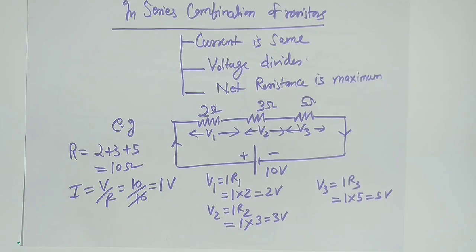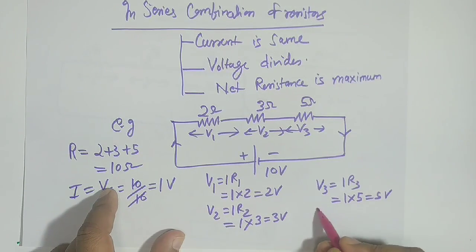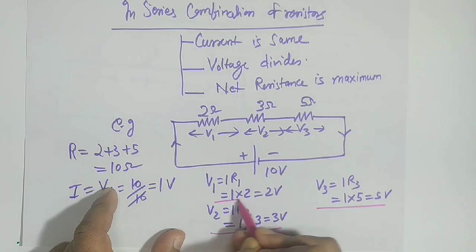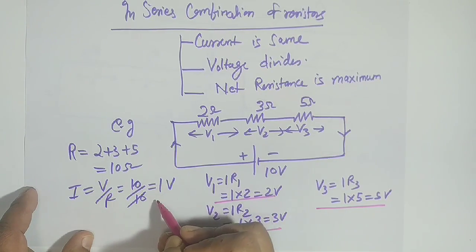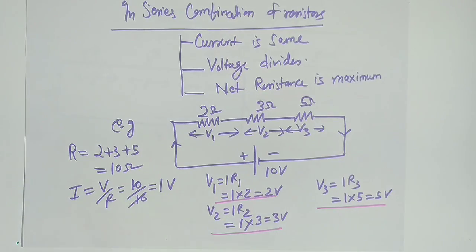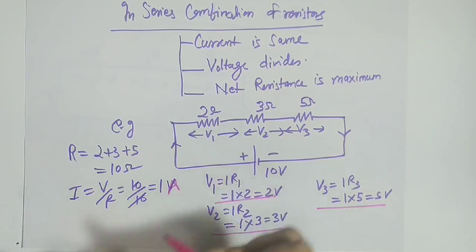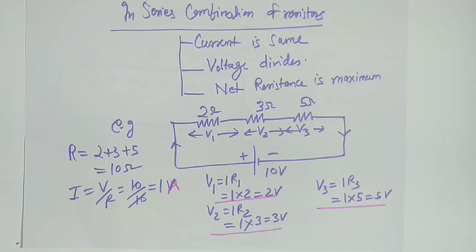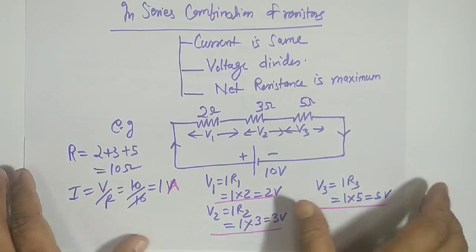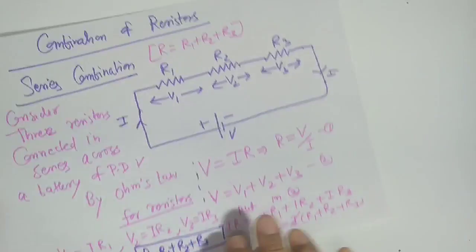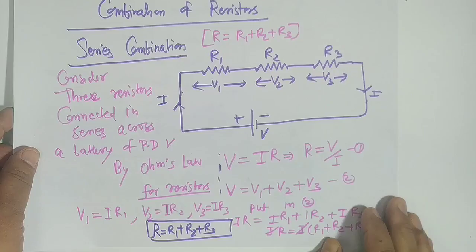So individually also you can find out the voltages like this. Net current is 1 ampere; remember, it's ampere, I is V by R. This is the way we can calculate the series combination of resistors.